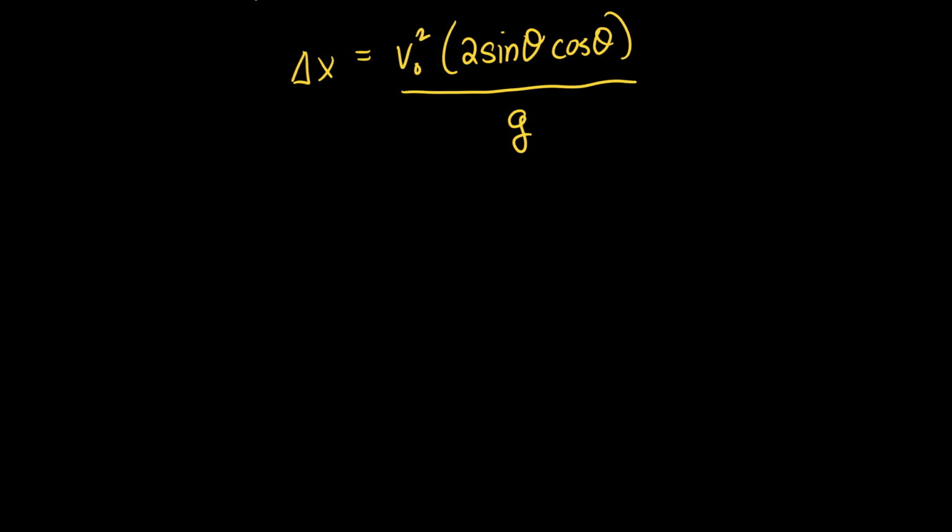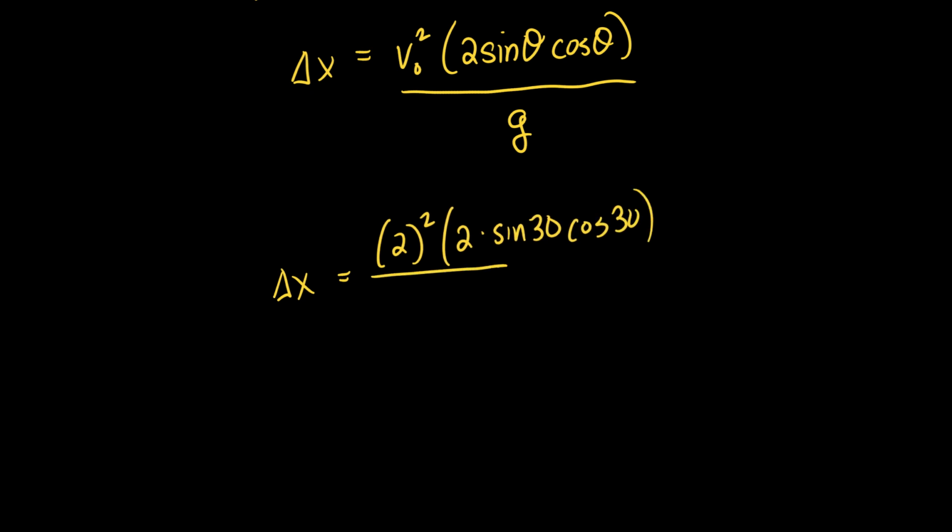The launch velocity was 2, the acceleration was 10, and the angle was 30, right? So delta x equals 2 squared times 2 times sine 30 cosine 30 all over 10. This should give us the same place, right? It should be exactly the same. So I'm going to try it.